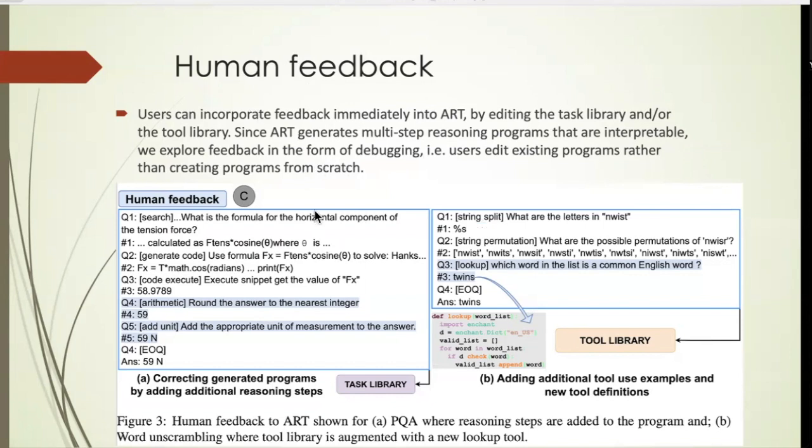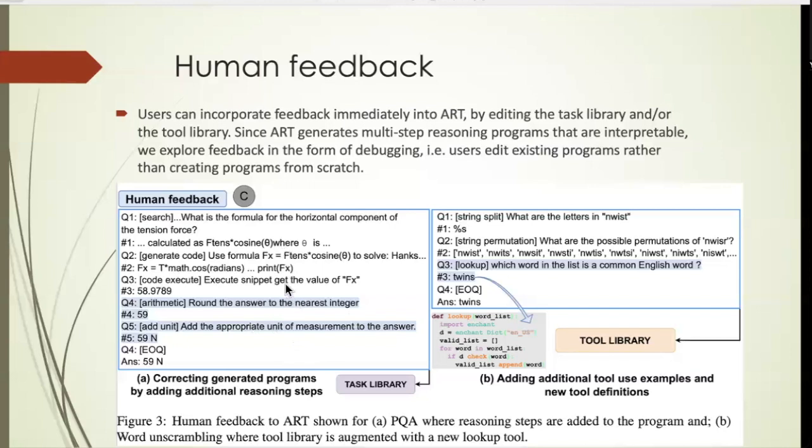This page is actually about human feedback, because the LM is going to generate human-readable programs, right? And then the humans can insert additional steps or even add a new tool like a lookup. For example, if I need a string lookup, they can write this lookup or maybe connect to a database lookup, and add these additional tools to the tool library so that they can connect that to the LM calls.